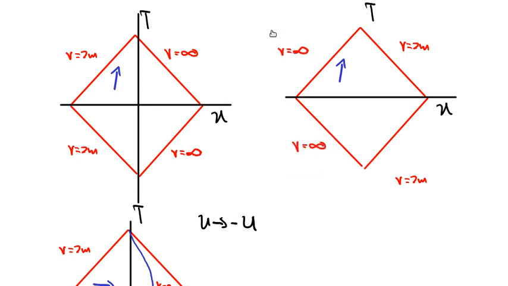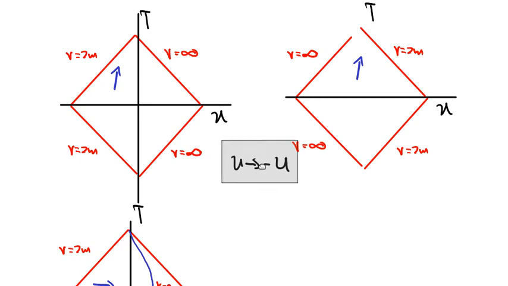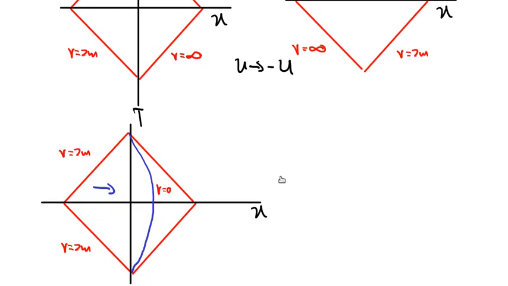Okay, and time orientation doesn't change. So this is just after doing this transformation. And in this other diagram, if we do the same transformation, again we have a reflection with respect to this axis.